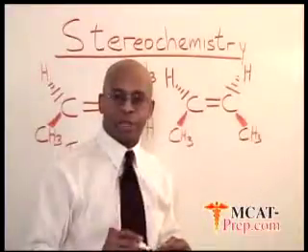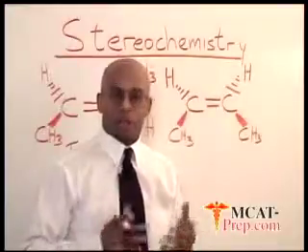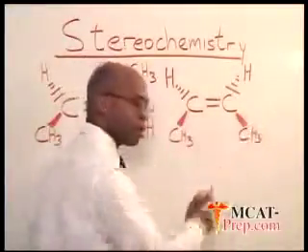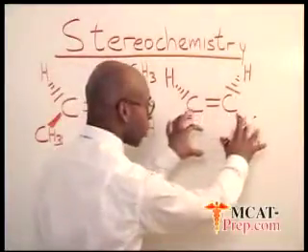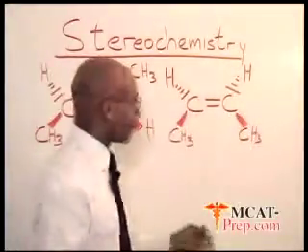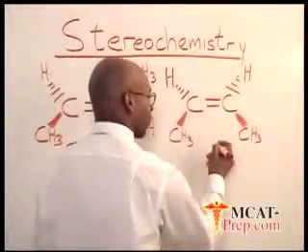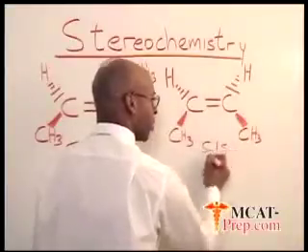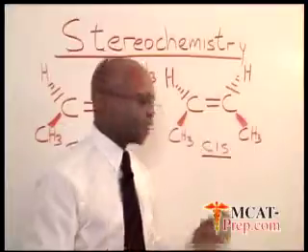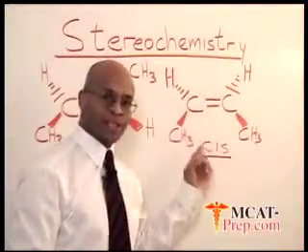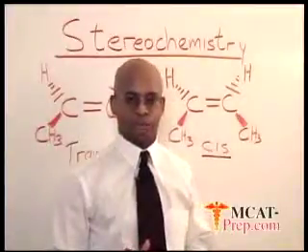Sometimes they're not even written in. So we're not looking at hydrogens as substituents or ligands, but these methyl groups certainly would be regarded as substituents. Both of them are on the same side of the double bond. They're not on opposite sides of the double bond. This configuration is called cis configuration. So to be precise, this compound is called cis-2-butene, while the other is called trans-2-butene.